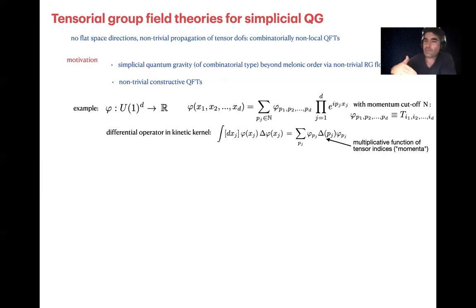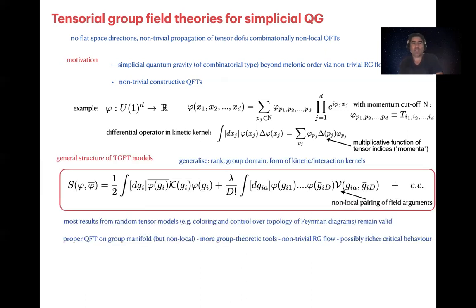And if you put a cutoff, then we have really the modes of the field to be literally the same tensors we discussed in the context of random tensor models. However, we also introduce a differential operator in the kinetic kernel, which becomes, in terms of modes, a multiplicative function of the tensor indices. The general structure is, however, the same.